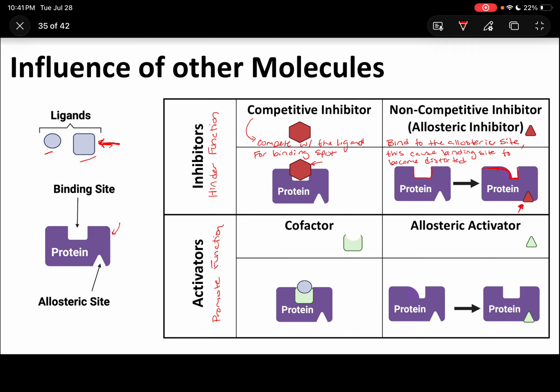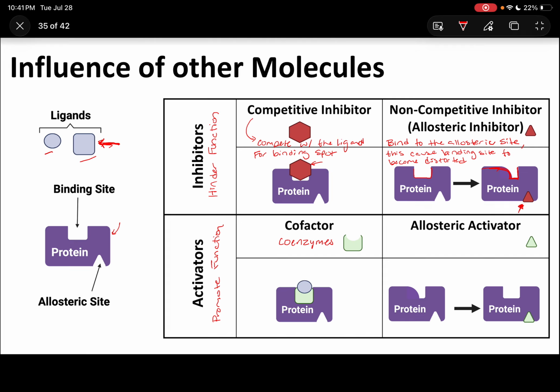All right, activators. So activators are going to help promote protein function. They're going to make it easier for the protein and the ligand to come together. One way is through something called a cofactor, and sometimes they're even called coenzymes, depending on what exactly is making up this substance.